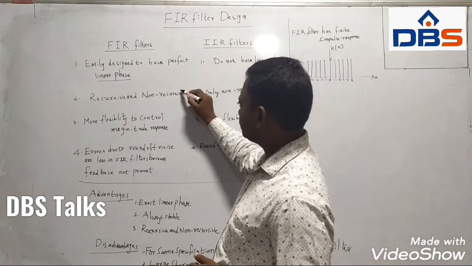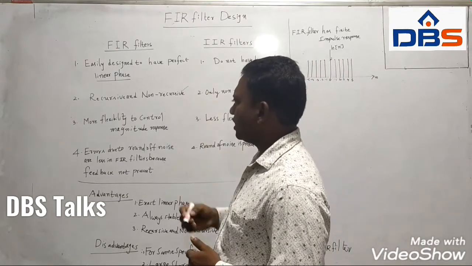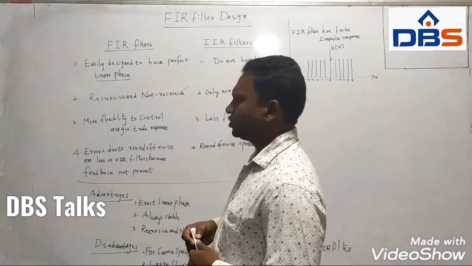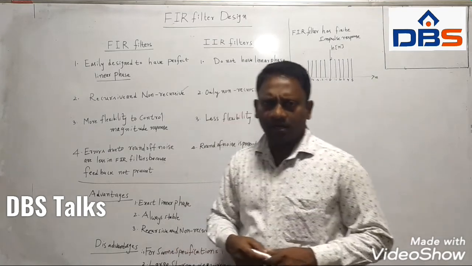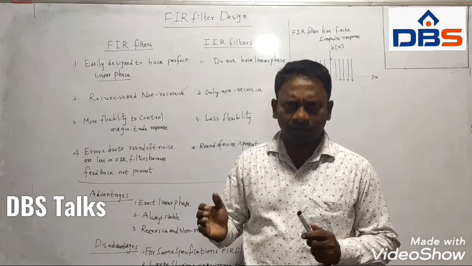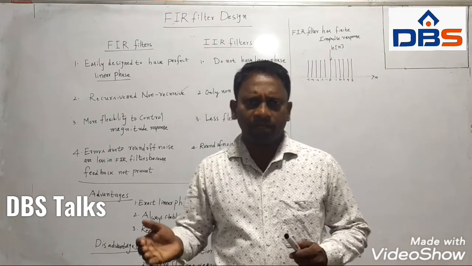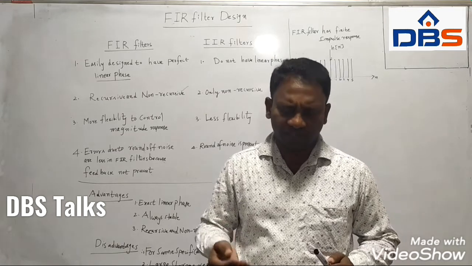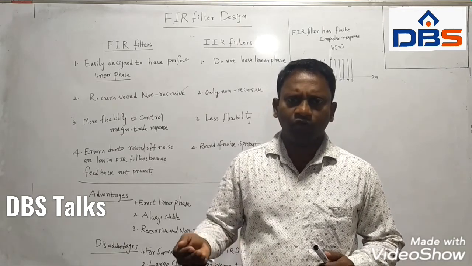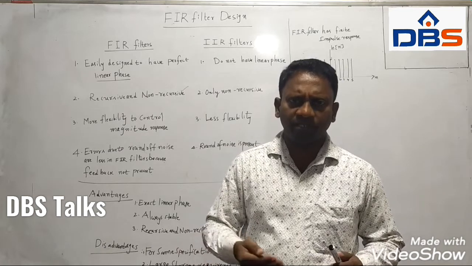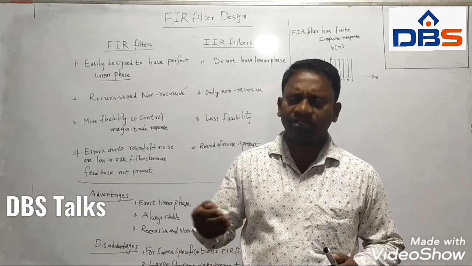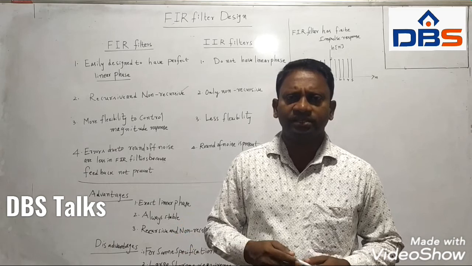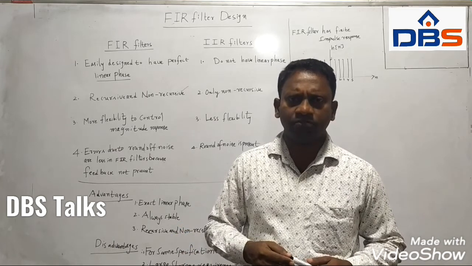And this one, recursive and non-recursive realization. So FIR filters can be designed in a recursive way and also a non-recursive way. So already we have discussed: recursive means if the output depends on the present inputs, past inputs as well as the past outputs, we say that it is a recursive realization.